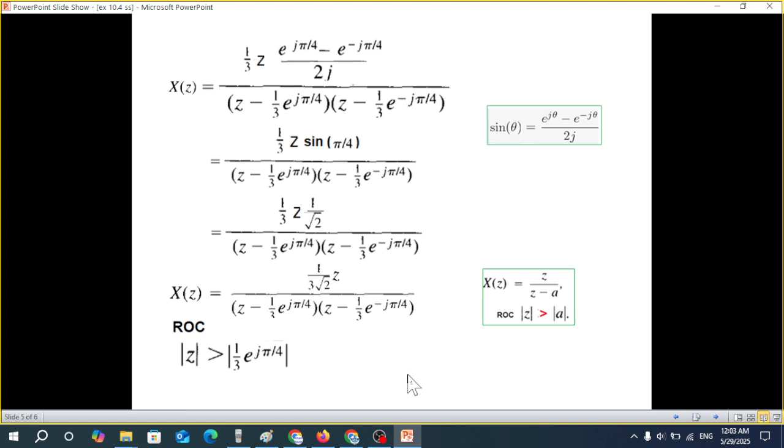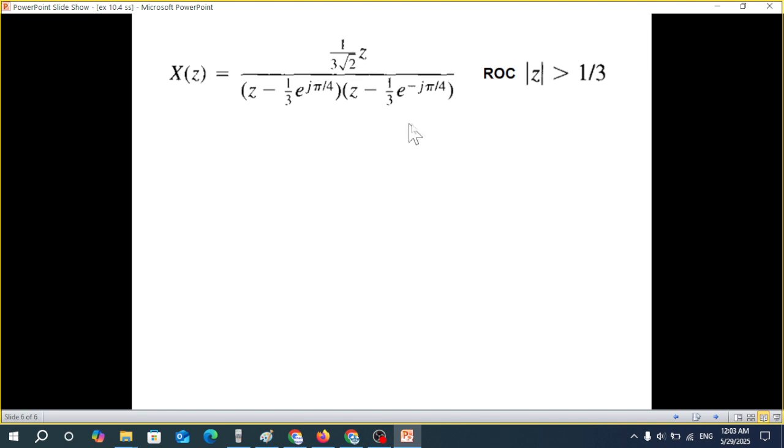In the second case also, magnitude of z should be greater than the magnitude of this term. Now, e to the power something is an angle, and the maximum magnitude of e will be 1. Similarly here, it will be 1. Therefore, we can say that the magnitude of z will be greater than 1 over 3. So this is what we are going to use.